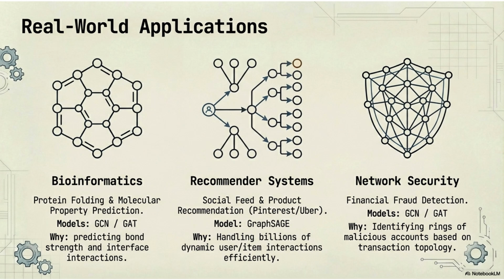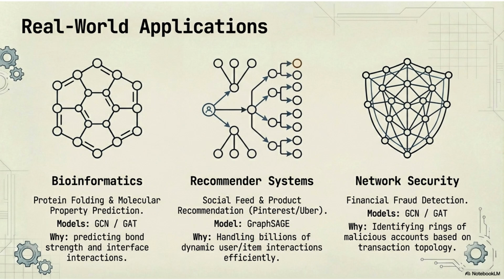Here are the real-world applications. In bioinformatics, protein folding and molecular property prediction use graph convolutional networks and graph attention networks, predicting bond strength and interface interactions. In recommendation systems, social feed and product recommendations use graph sampling and aggregation.